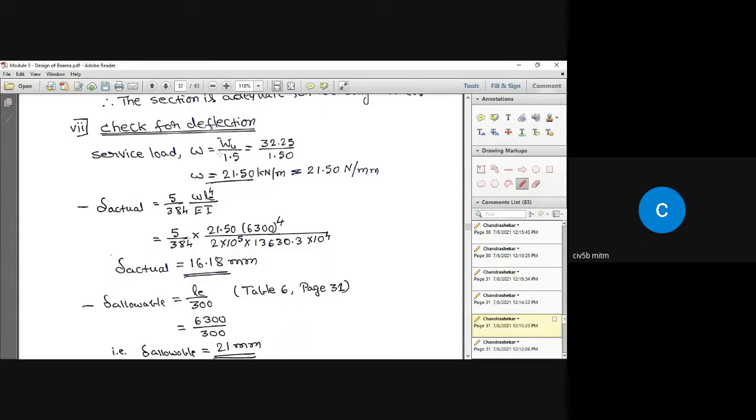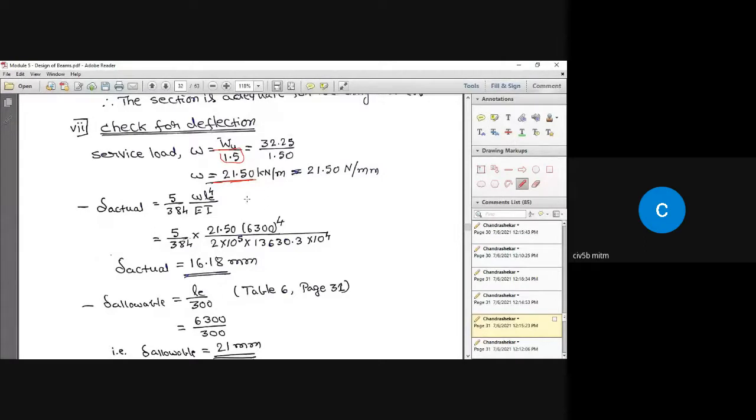Multiply that value by the load factor, which is equal to 1.5 as per the codal recommendation. So finally we got the value of W equal to 21.50 kilonewton per meter. That is the service load. Service load is nothing but the actual maximum load the beam is going to be subjected to in reality.